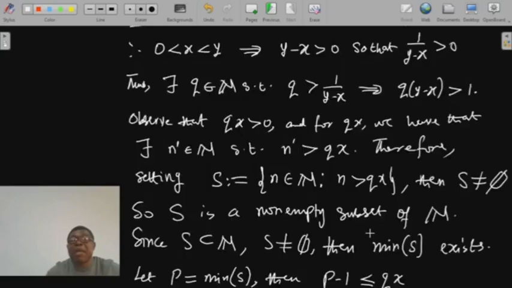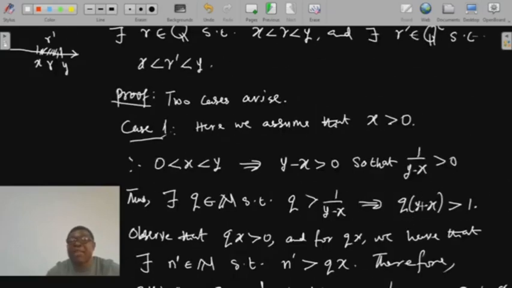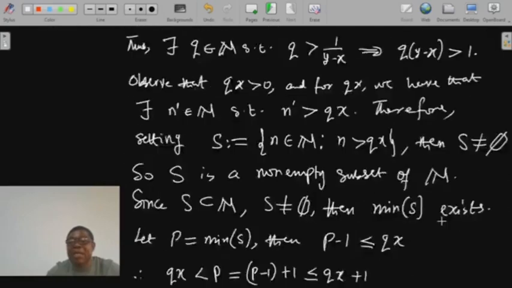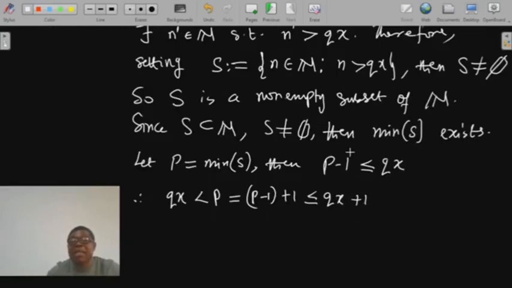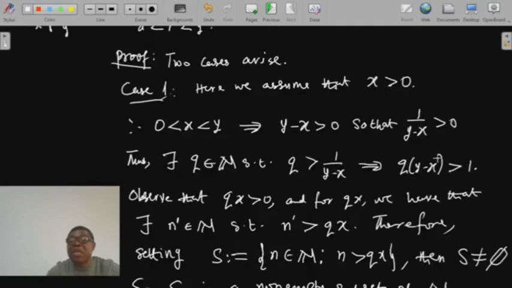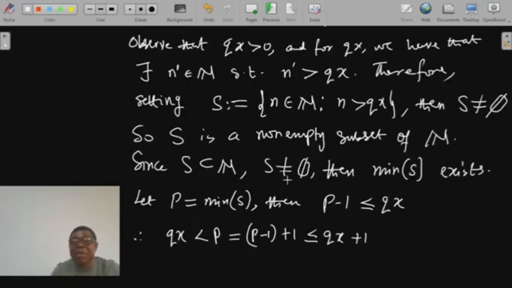But remember that here we have that Qy minus Qx, that is Q into y minus x, is greater than 1. So if I use this fact here, I'll get that this one is still less than Q into y minus x. And that will give me that this is less than Qx plus Q into y minus x.